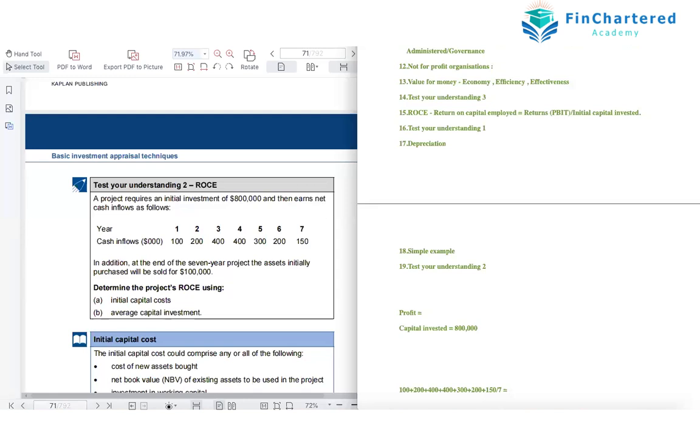How much? 250, are you sure? 100 plus 200 plus 400 plus 400. Yes, 250. 250 is your average cash flow, so your cash flow is 250,000 per annum.